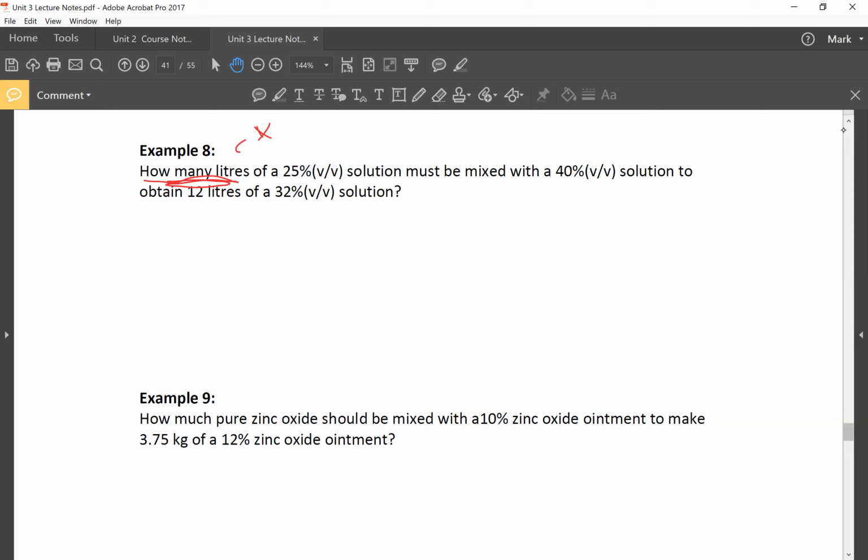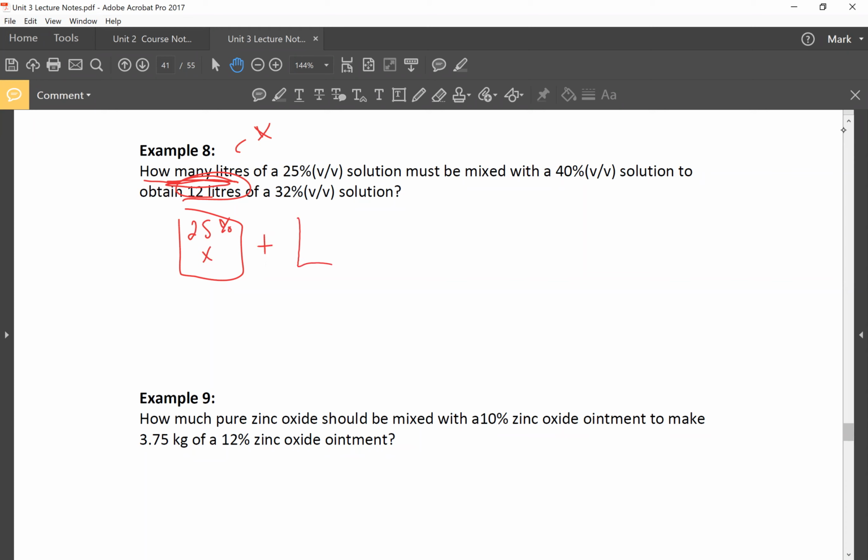And again, asthma, your answer of 15 can't be over 12 because we're only trying to make 12 liters of solution. So if you think about this, we're mixing together a few things. I'm going to erase this in a minute, but we're taking 25% X, we don't know how much of this.